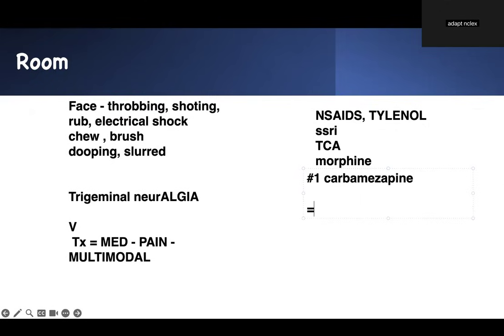What do you teach them? Infection risks, because it causes agranulocytosis. And the patient said, oh, that's fine. But you said, no, that's not fine. I got to make sure you don't come back. Therefore, do not rub your face.